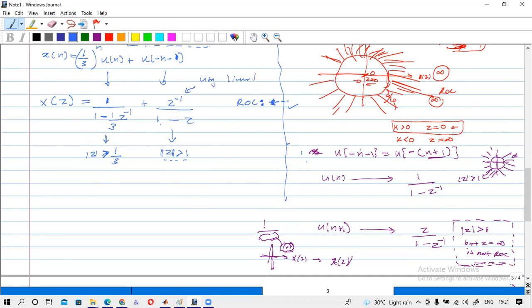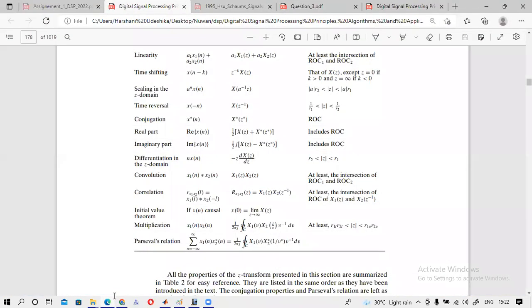And what is the ROC? The ROC will be the common region using the linearity property. Can you remember? At least the intersection should be there.